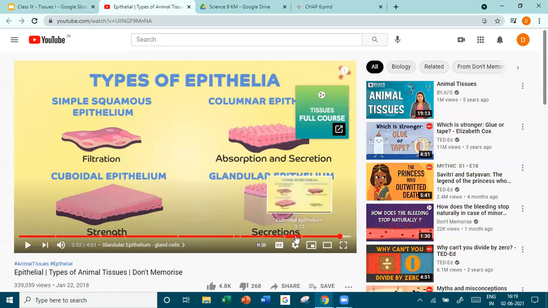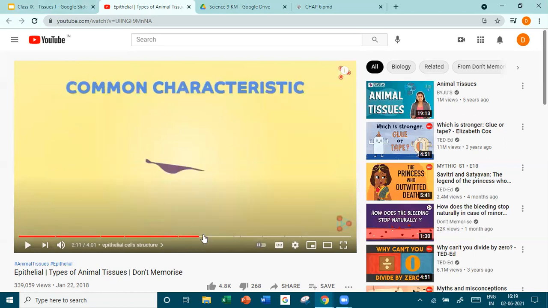The one thing worth noting here would be the basement membrane, right? Usually, if you are creating anything, you always say that something has a base. The bottommost layer is the base.